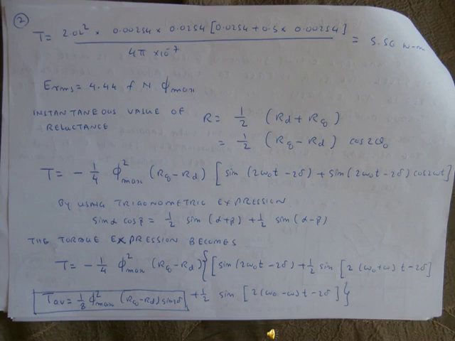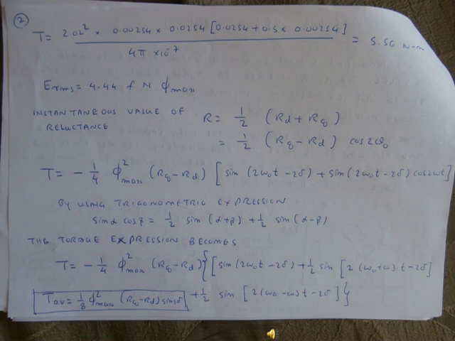In this case RQ and RD are the quadrature and direct axis reluctance values, phi maximum is the maximum flux, omega 0 is the rotation angular frequency, and delta is the angle of the rotation. Those values are substituted and we can calculate the torque value.